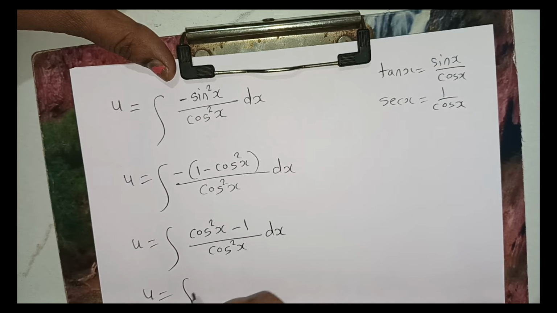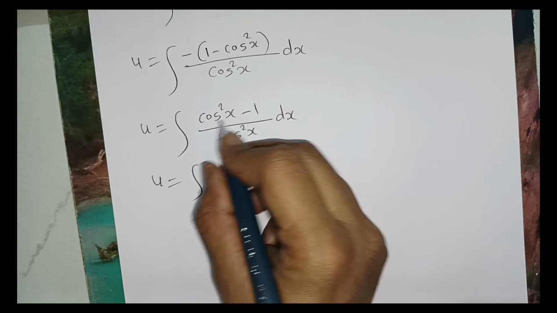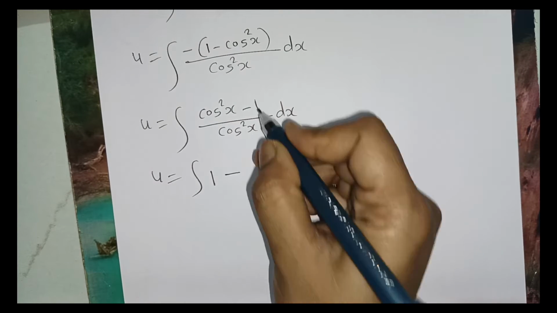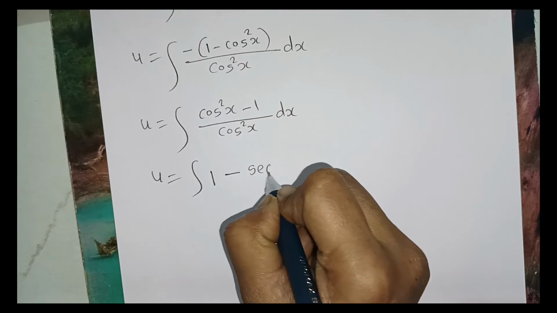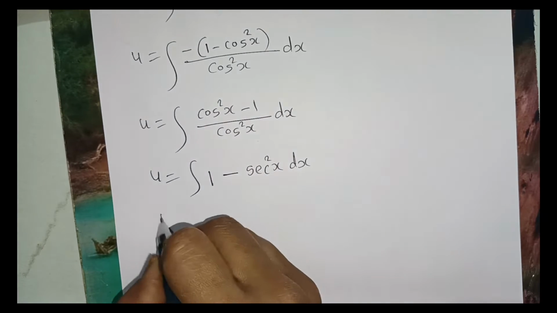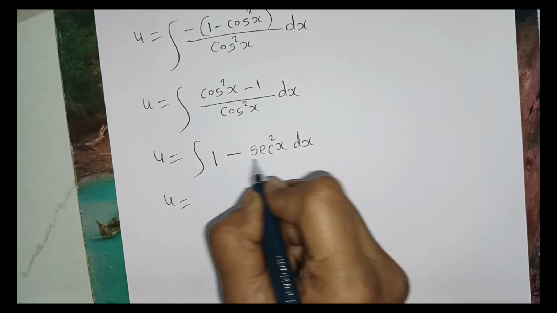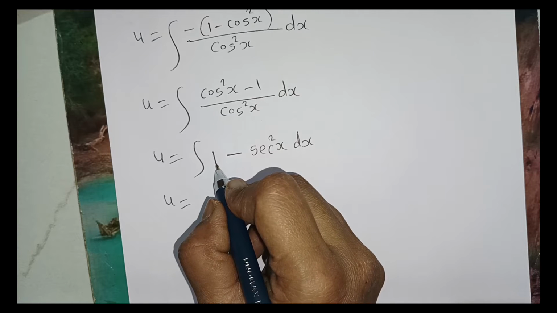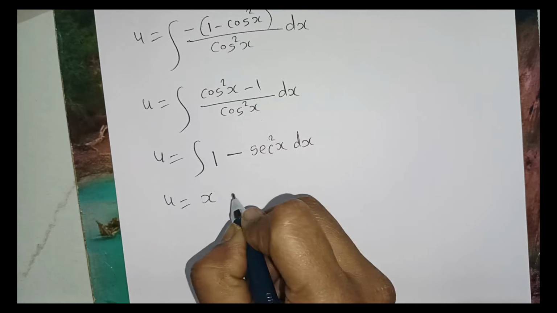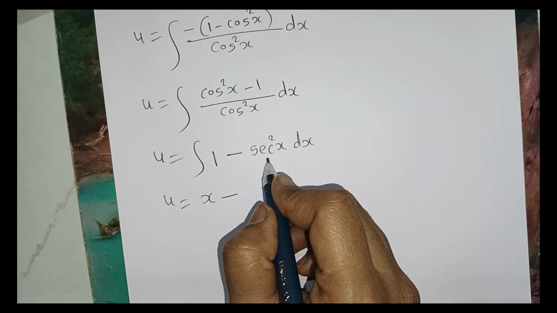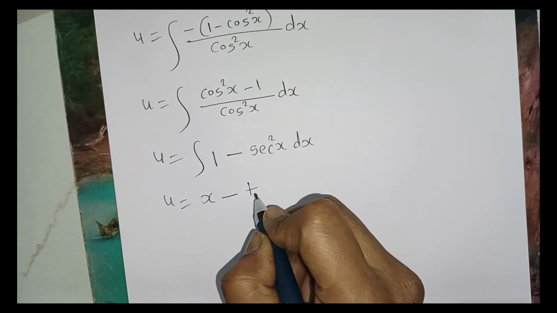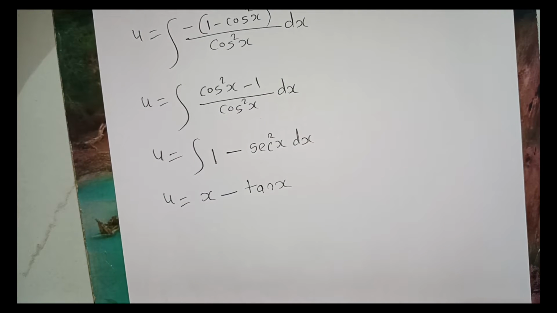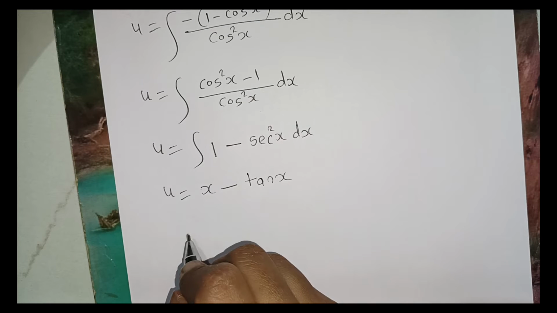Divide by cos square x separately for these two terms: cos square x by cos square x is 1, minus 1 by cos square x is sec square x, dx. Now these are perfect derivatives. The integration of 1 is x, minus the integration of sec square x. Sec square x is the derivative of what? Of tan x. So u is equal to x minus tan x.